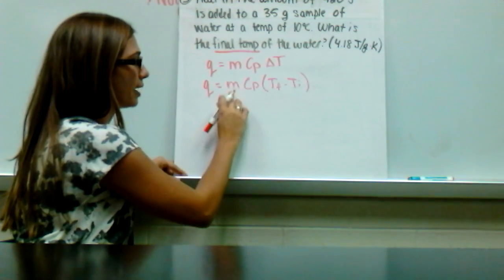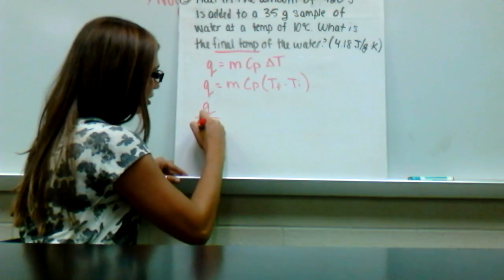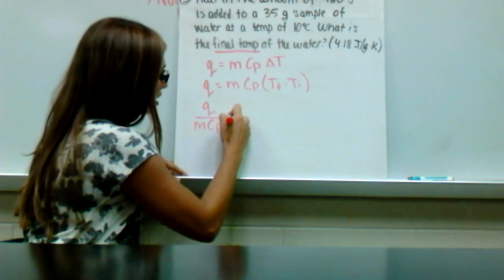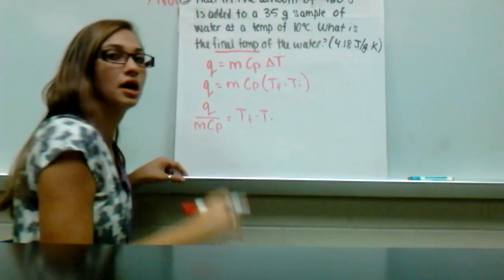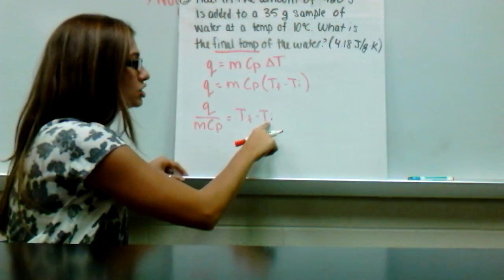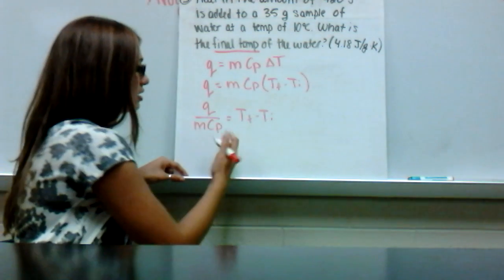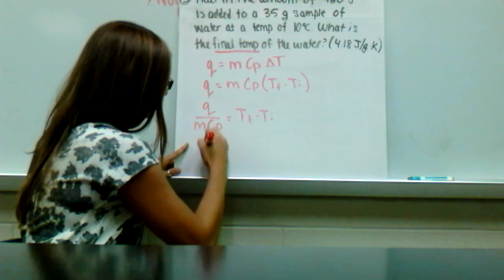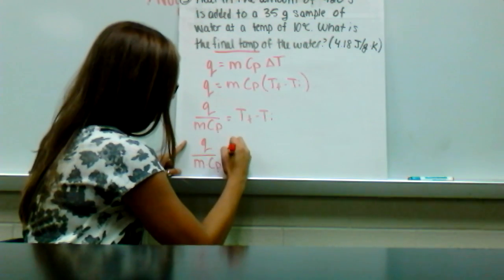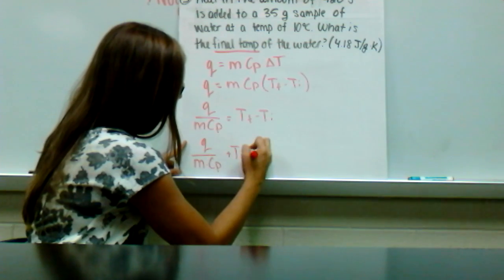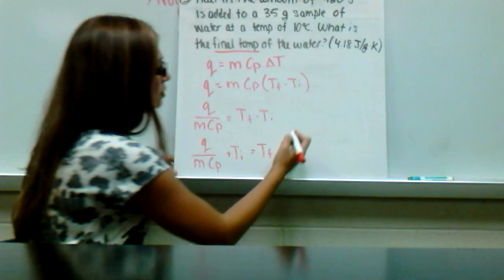So we can divide through by mass and specific heat. So Q divided by mass specific heat, and that leaves us with T final minus T initial. In order to get T initial to the other side, so you just have T final left over, we have to add it to the other side. So we're going to end up with Q over M times Cp plus T initial is going to give us T final.